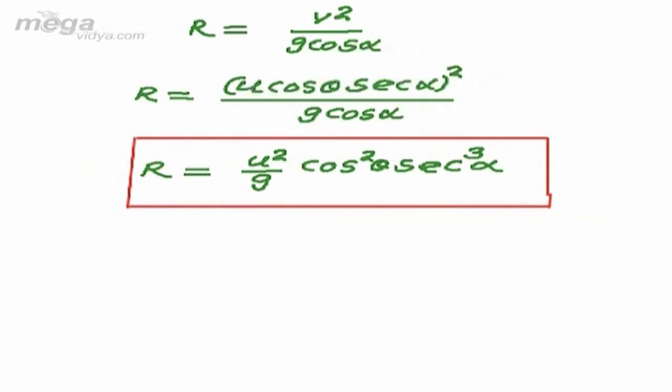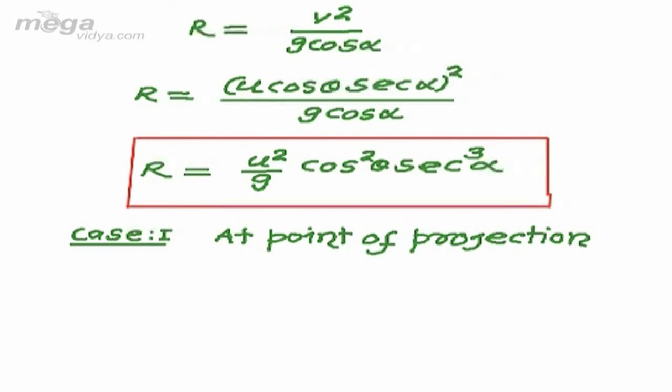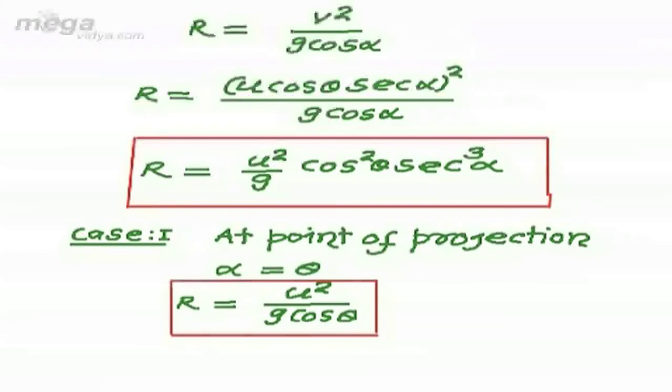If we talk about a particular case, at the point of projection alpha can be written as theta. So the result becomes u square upon g cos theta. In another case, at the point of maximum height, alpha can be taken as 0.